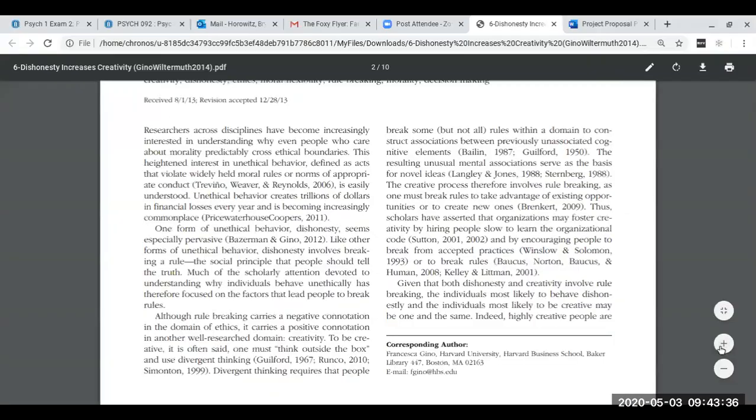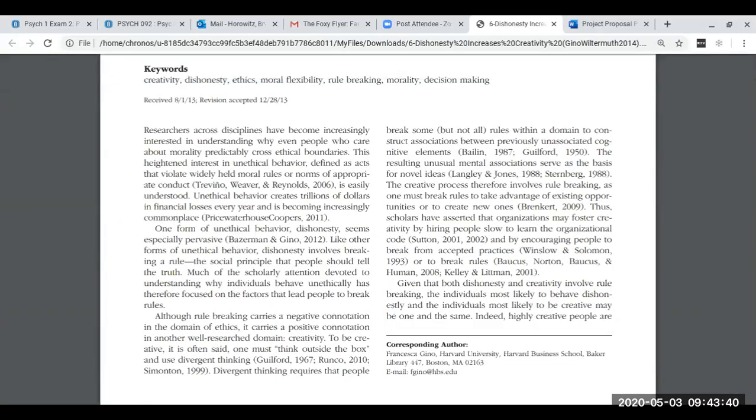Sorry about that. Defined as acts that violate widely held moral rules of norms of appropriate conduct, is easily understood. Unethical behavior creates trillions of dollars in financial losses every year and is becoming increasingly commonplace.